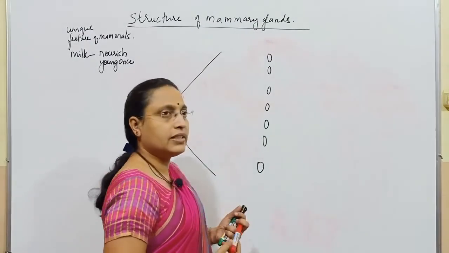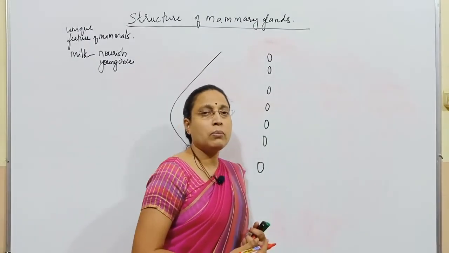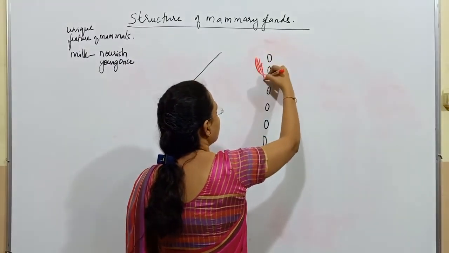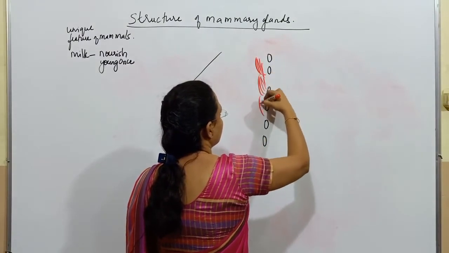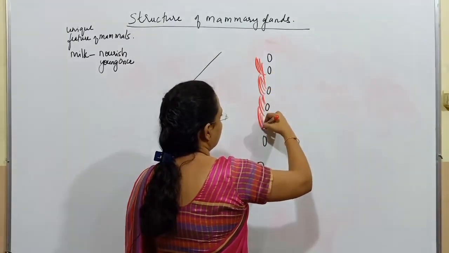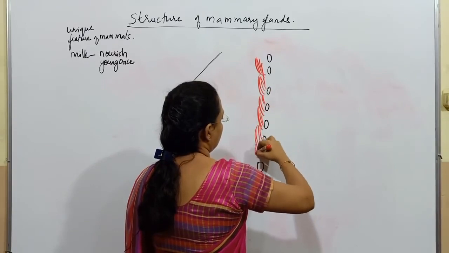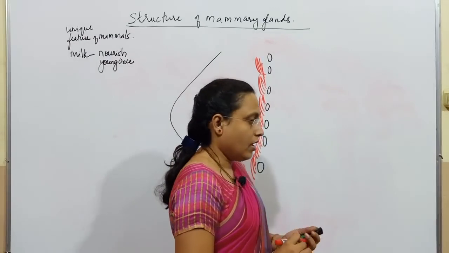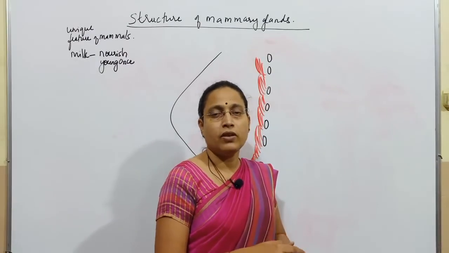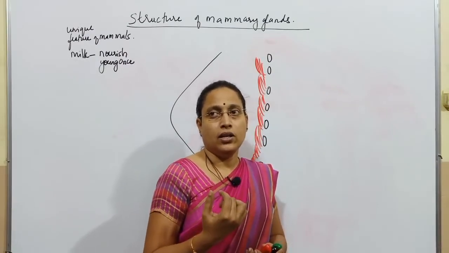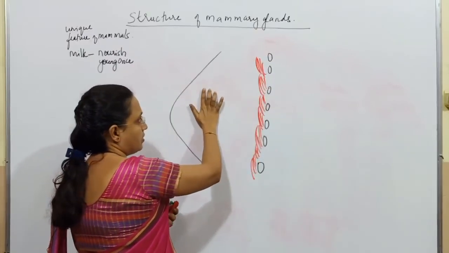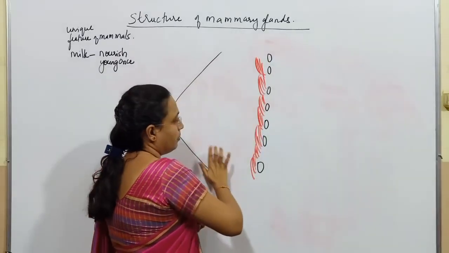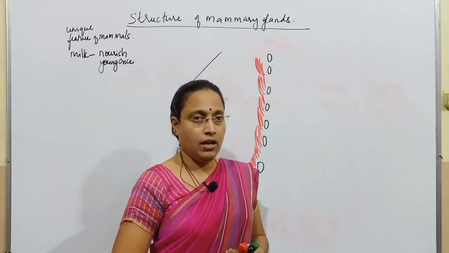Now in front of these ribs, there is one muscle called pectoralis major. Just in front of these ribs and this muscle called pectoralis major, the mammary gland is located.